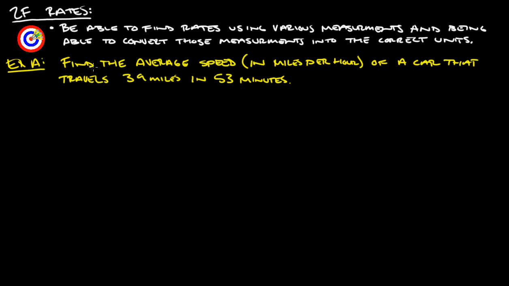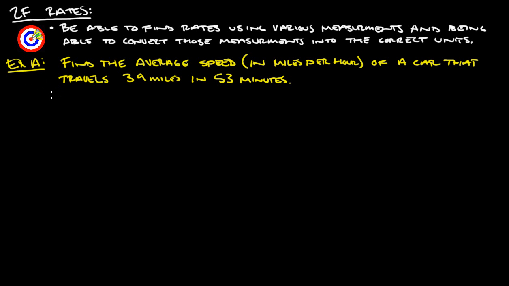In this example, we have: find the average speed in miles per hour of a car that travels 39 miles in 53 minutes. There are lots of different ways you can figure this out, and I'll show you several of those.